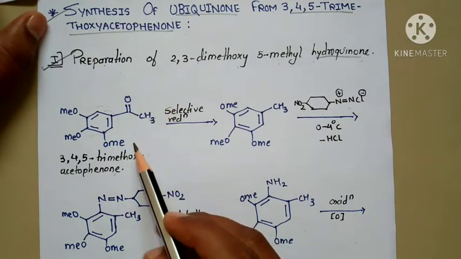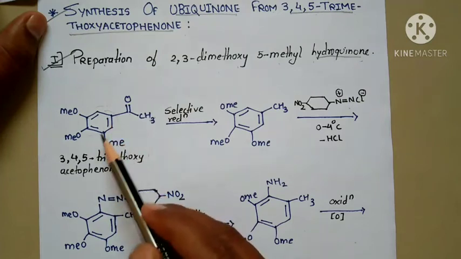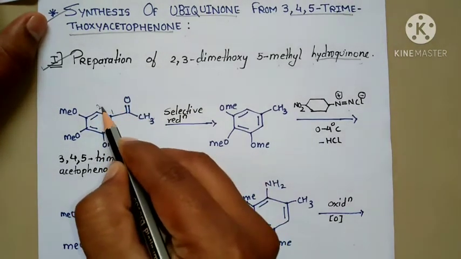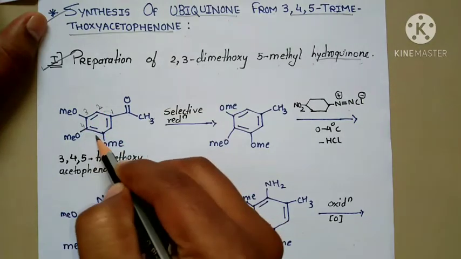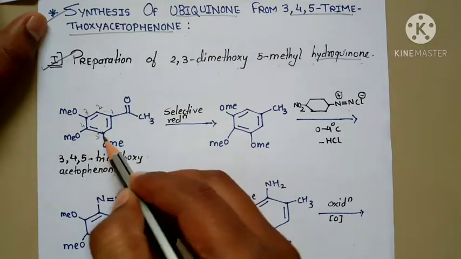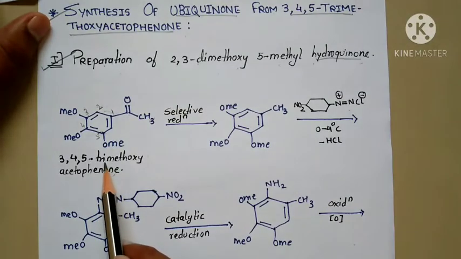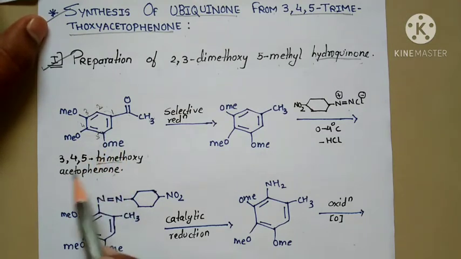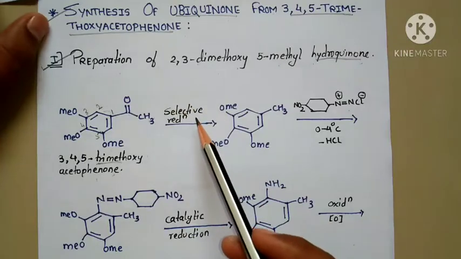Okay, and what are the remaining substituents? This is position number 1, then second, third, fourth and fifth. 3, 4, 5 positions have methoxy groups, that means 3 methoxy groups indicate trimethoxy. So that is your main reactant to form ubiquinone product.